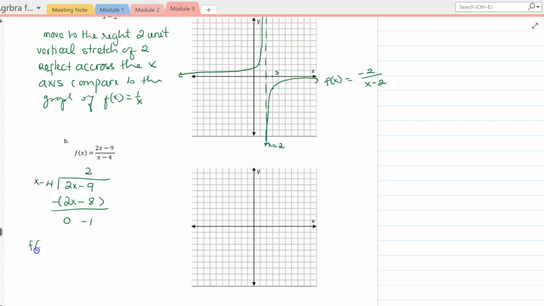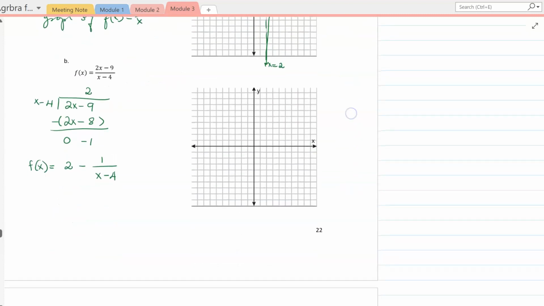So f of x now becomes 2 minus 1 over x minus 4. Here we can see that it moved to the right 4 units, reflects across the x-axis, and moves up 2.